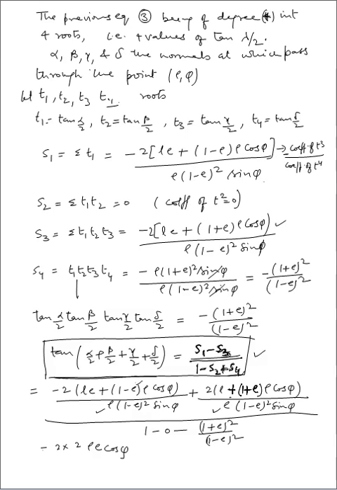So this comes 2 into 2 rho E cos phi into 1 minus E. This we take upwards after taking LCM upon rho 1 minus E whole square sine phi. This was from LCM, and when we write this term 1 minus E whole square minus 1 plus E whole square, this gives minus 4E.